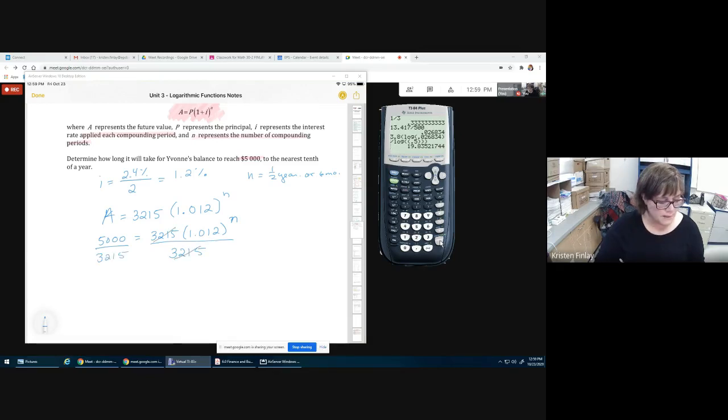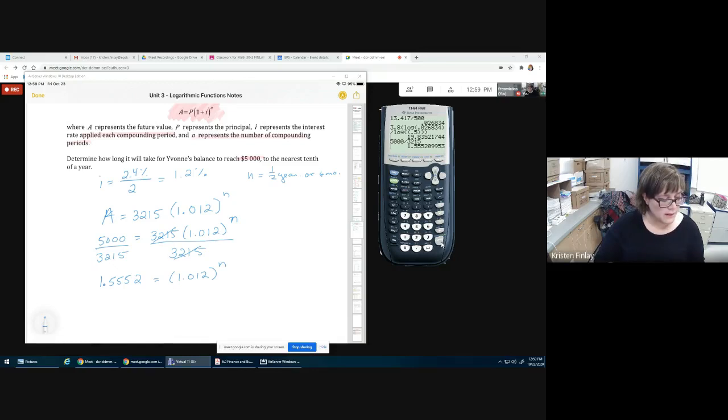Okay, make it simpler. So 5,000 divided by 3,215 equals 1.5552, we'll say, equals 1.012 to the n.